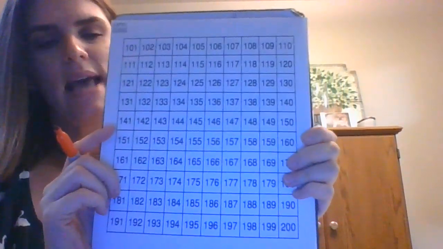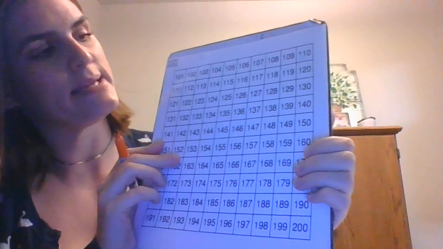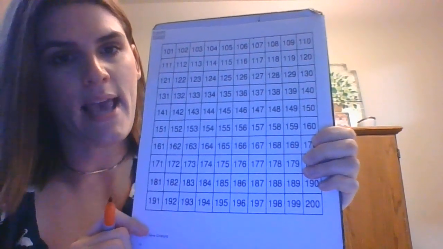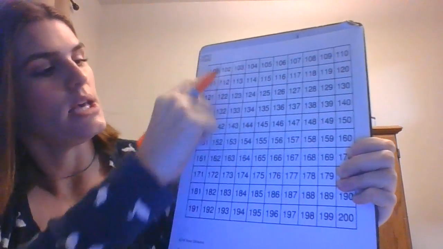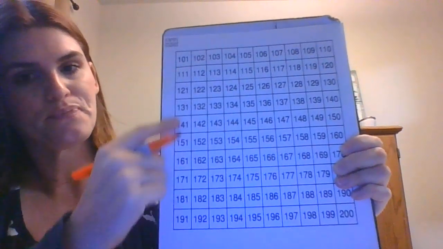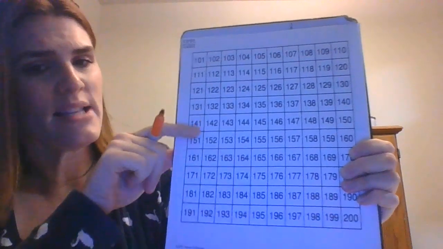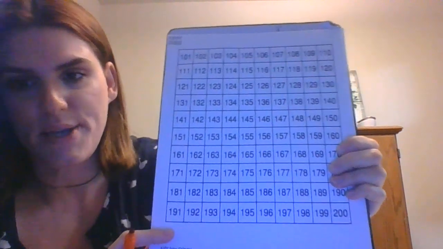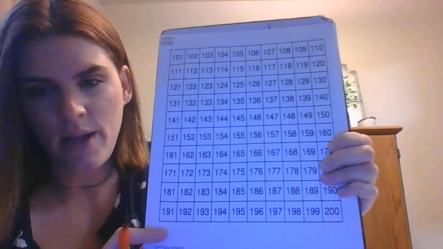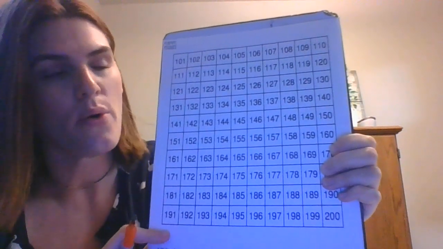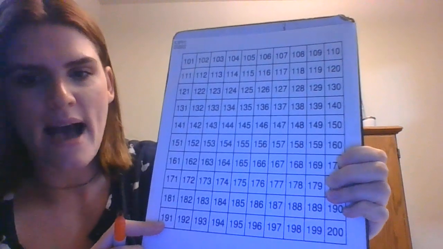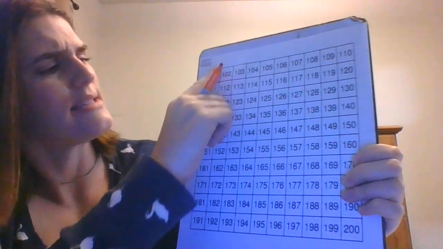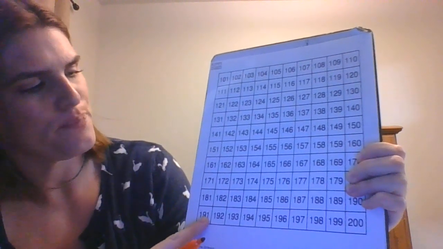Now we're going to count by 10s. Remember, when I think of 10s, I think of a 10 stick and counting by 10s. So is this the 10s column? I can tell the 10s column because the last number is always a zero, because when I have 10, the last number in 10 is a 0. So I'm looking for the column that has a last number that is 0. The last number in this column is 1.